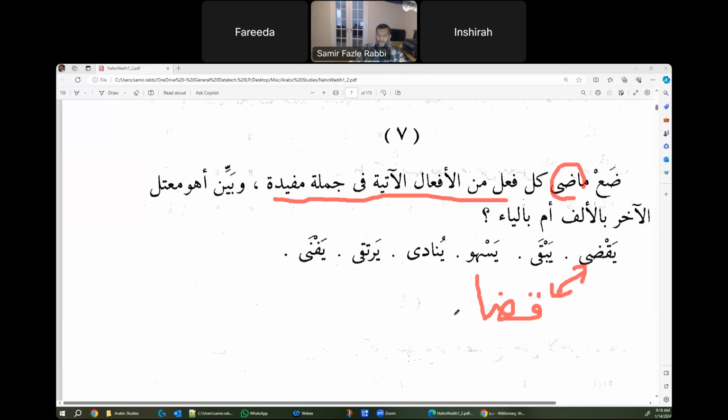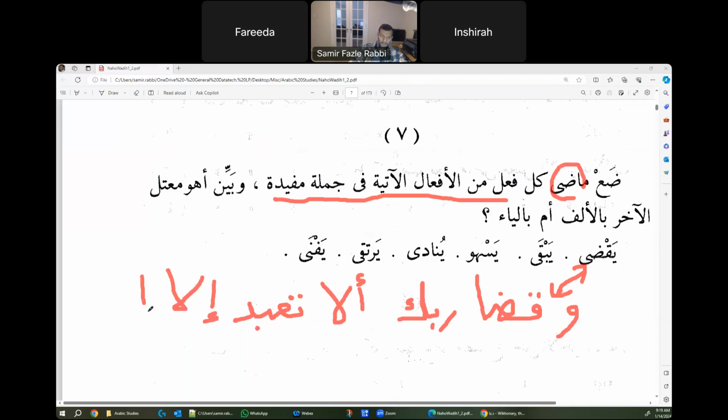And you could say qada, for example, rabbuka. This one's Surah Isra. وقضى ربك ألا تعبدوا إلا إياه.